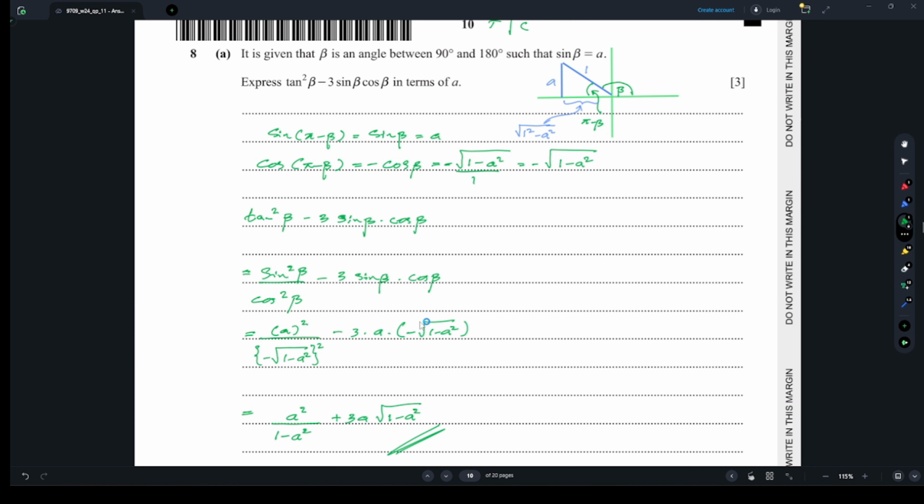For the simplification, instead of tan you use sine square beta divided by cos square beta, and also use the value of cos beta. In this part they're asking only for that.